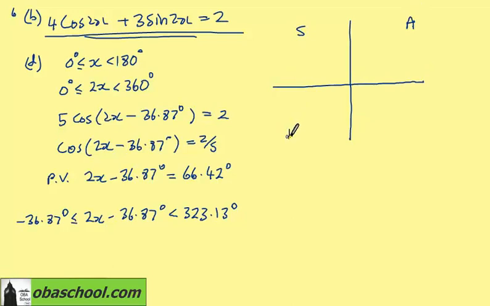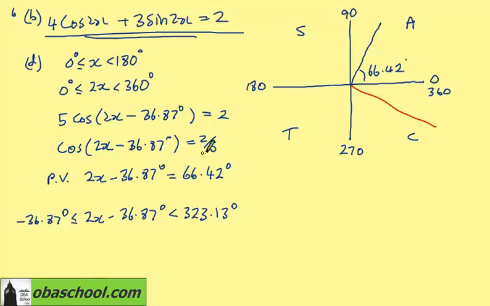A, S, T, C, 0, 90, 180, 270, and back to 360. We're going to look for our solutions from minus 36.87 all the way around once to 323.13. Our principal value is at 66.42.